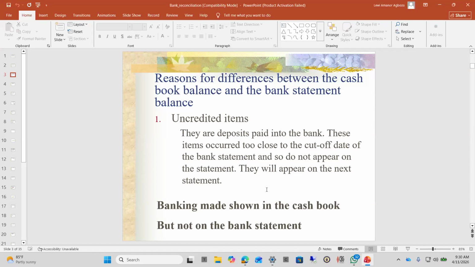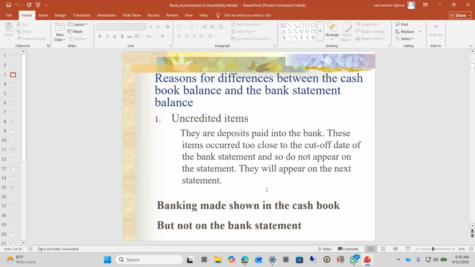So you have debited your account with it already. But because the bank is not able to credit your account with it, you see that it is in your cash book, but it is not in the bank statement. It will rather appear the following month in the bank statement.